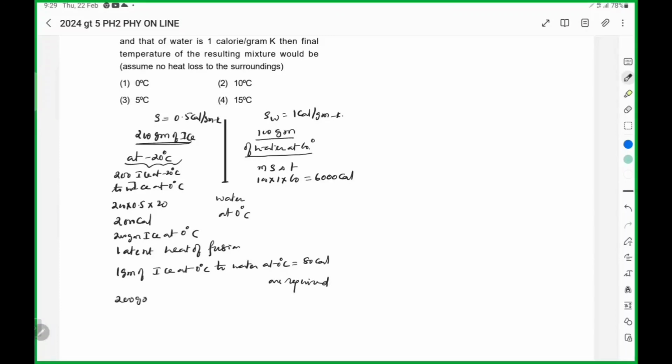For 200 grams, the amount of energy required is 16,000 calories. To convert ice into water, you require a minimum of 2000 plus 16,000, 18,000 calories. But available is 6,000 calories only.